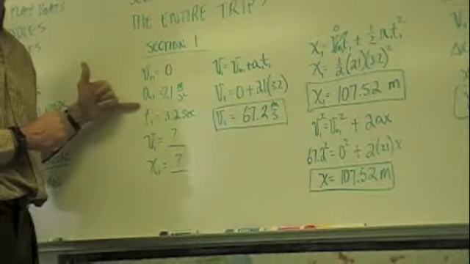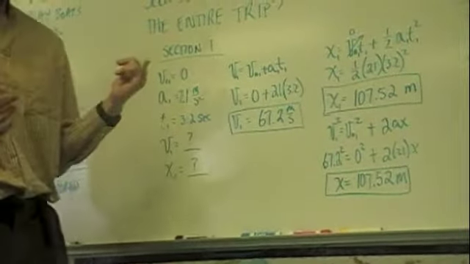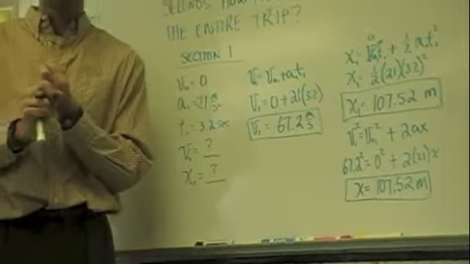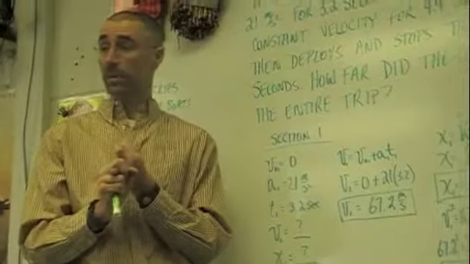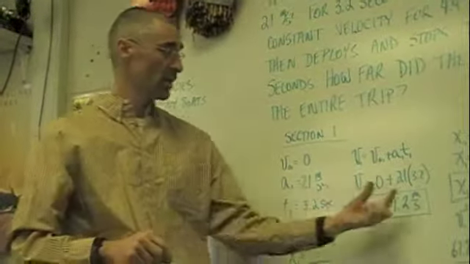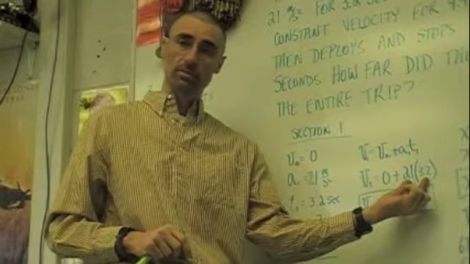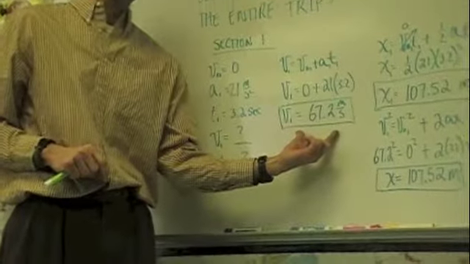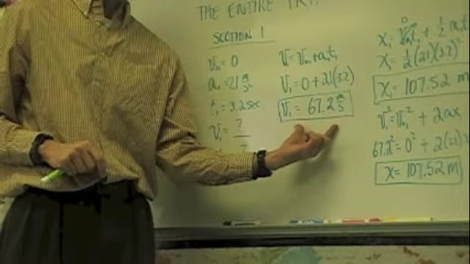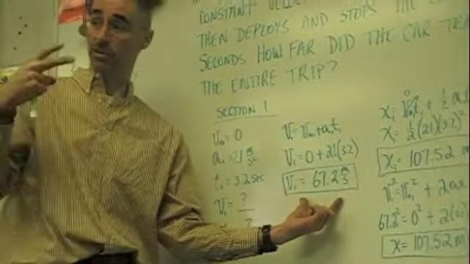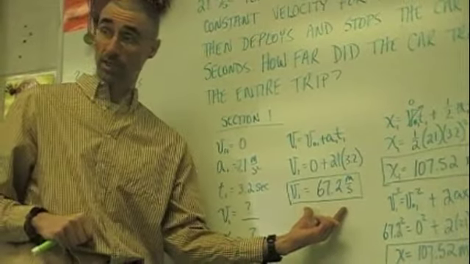You see that? In our motion packets, remember when we were accelerating at 2 meters per second squared for 5 seconds? That meant that we were going to be going 10 meters per second at the end, just 2 times 5, which is what we're doing here basically. Now, that gives us our final velocity at the end of section 1, which is also the initial velocity of section 2. Are you kind of with me?